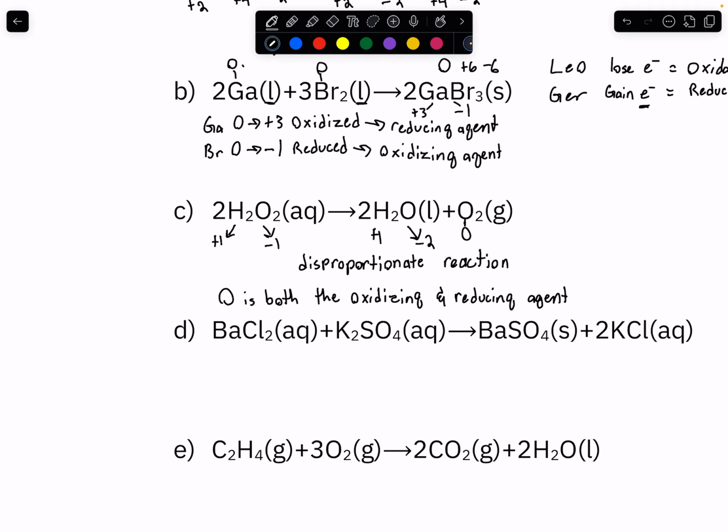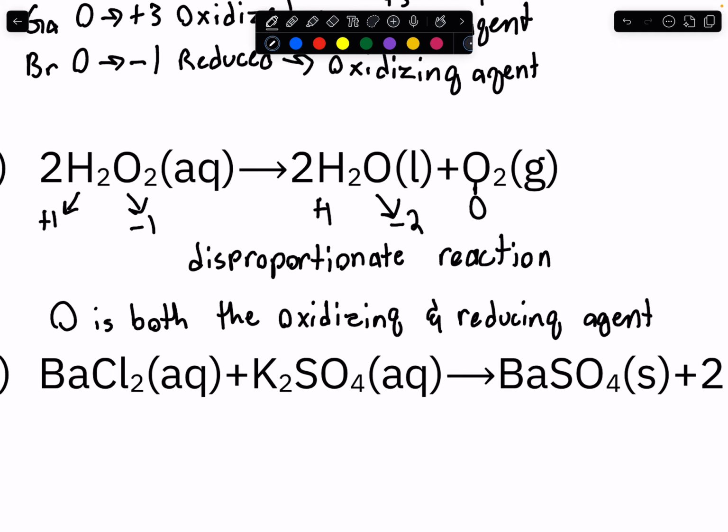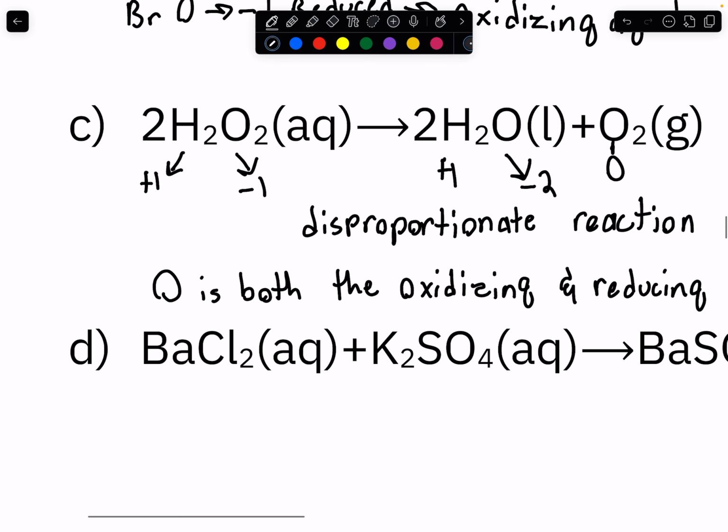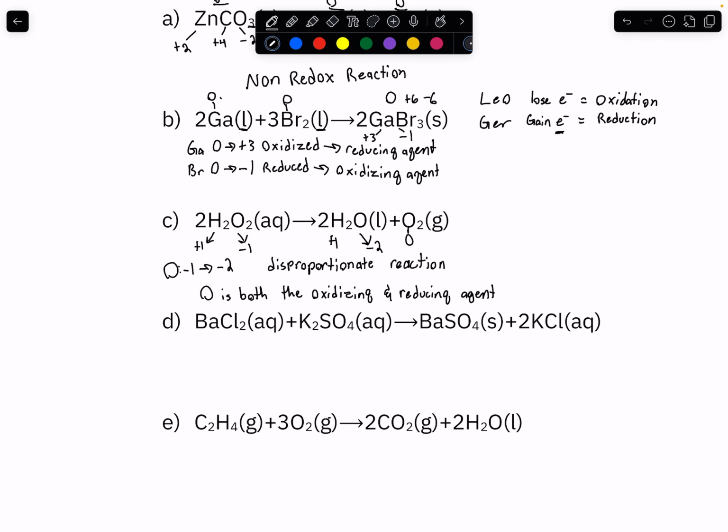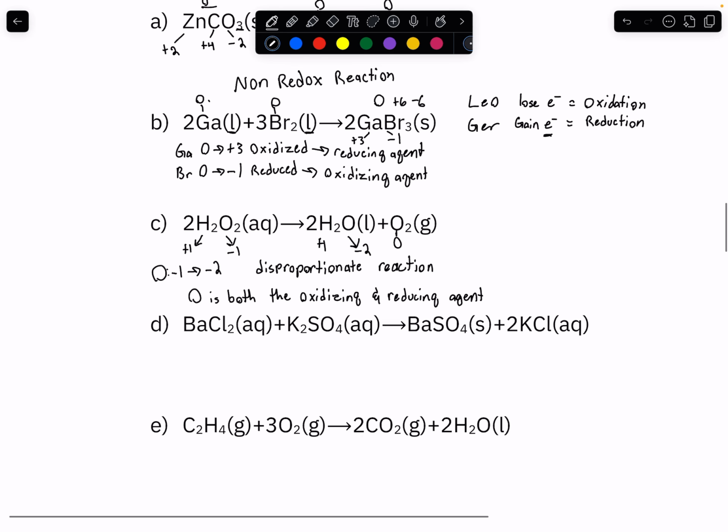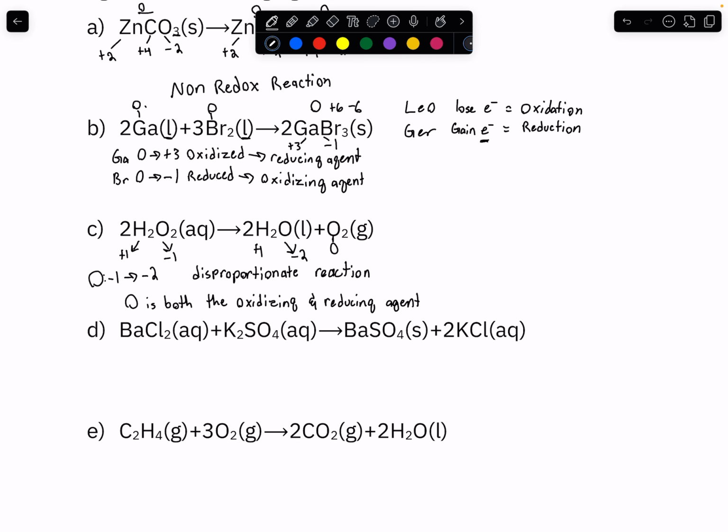How it's both oxidizing and being the reducing agent is just because O is going from a -1 charge to a -2 charge, which means it's gaining an electron.